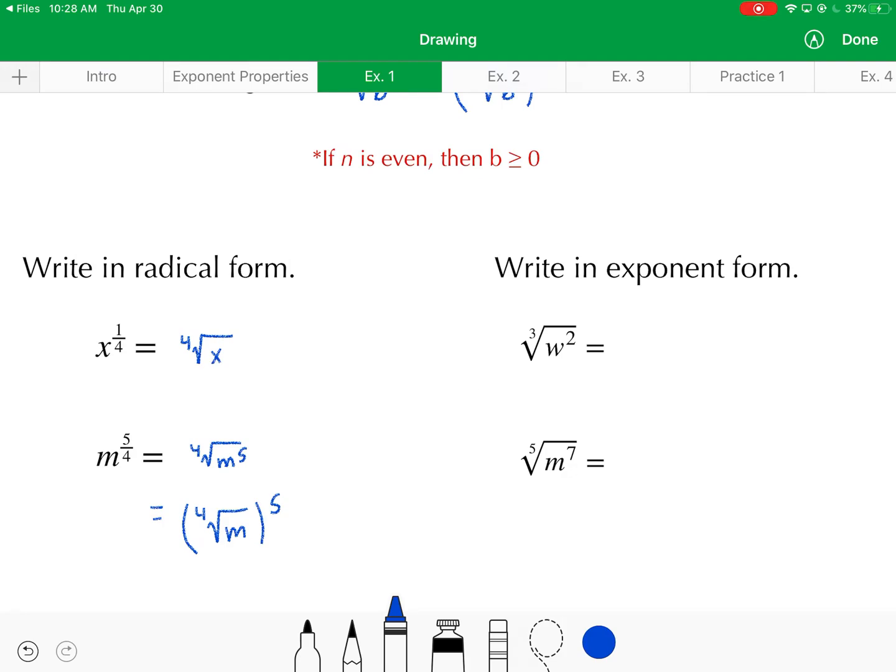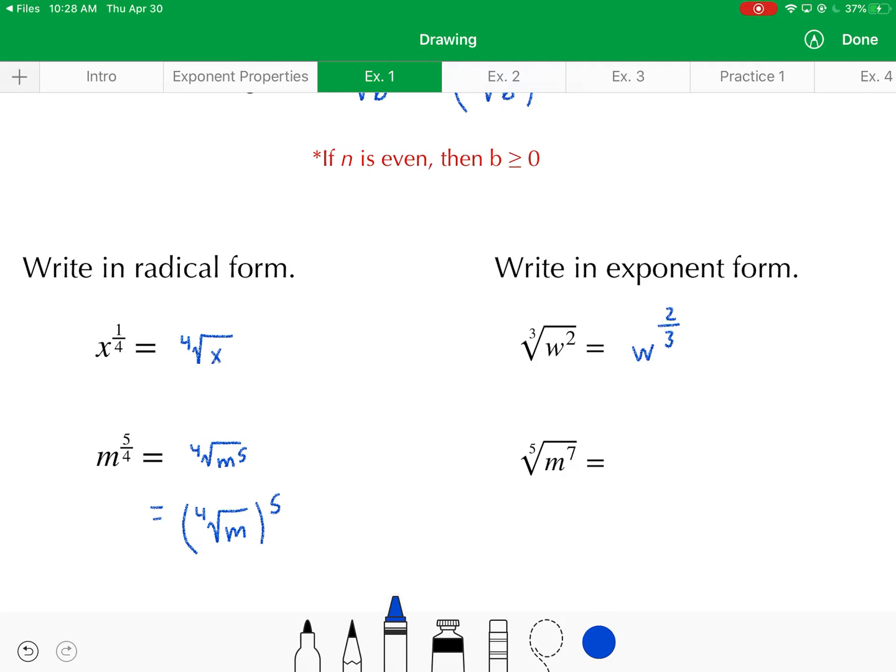Okay. Next, on the right-hand side, we have radical form. We want to convert into exponent form. So the cube root of w squared, we're going to rewrite that as w raised to the power of 2/3. Remember, the index of the radical becomes the denominator of the rational exponent.